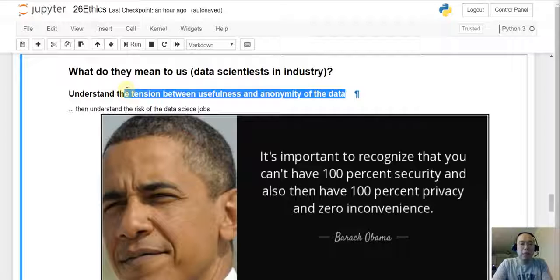But if you are dealing with data generated by a person, you can't have really useful data and yet a high level of anonymity. The reason is you can remove all the identifiable information like the SSN or the emails. However, there is still a risk that we can re-identify the person or part of the person.